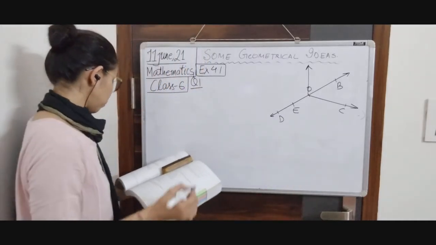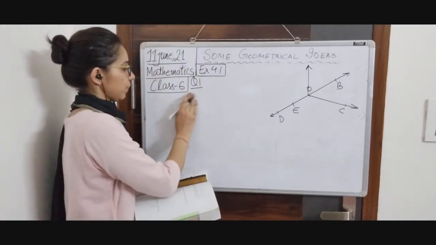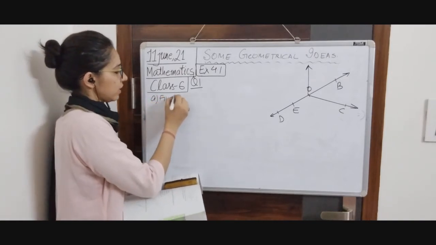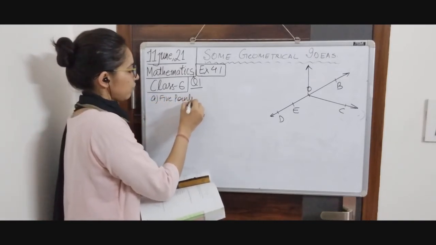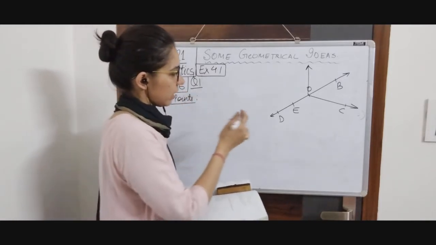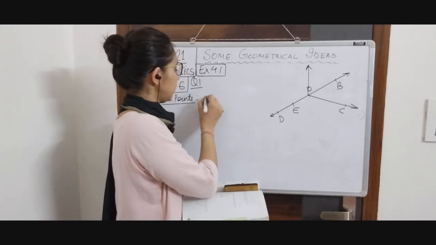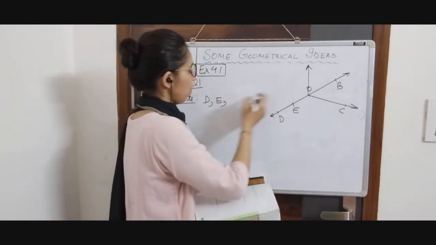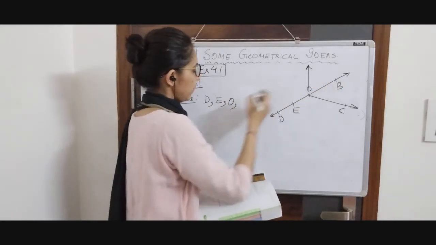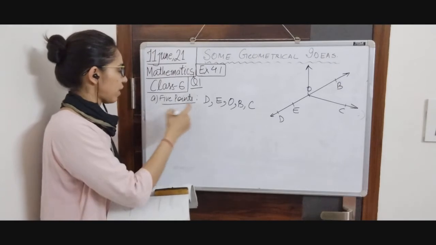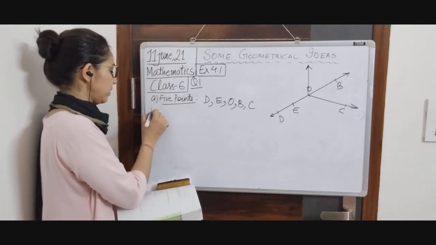First we have to write down 5 points. Points, if you remember, they represent a location. So D is a point, E is a point, O is a point, B is a point, and C is a point. So the 5 points are D, E, O, B, C.